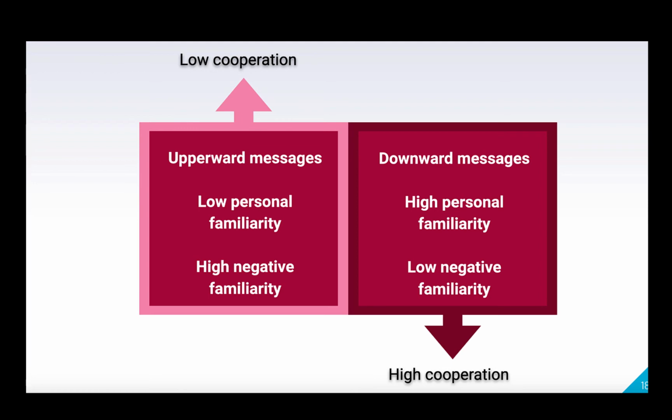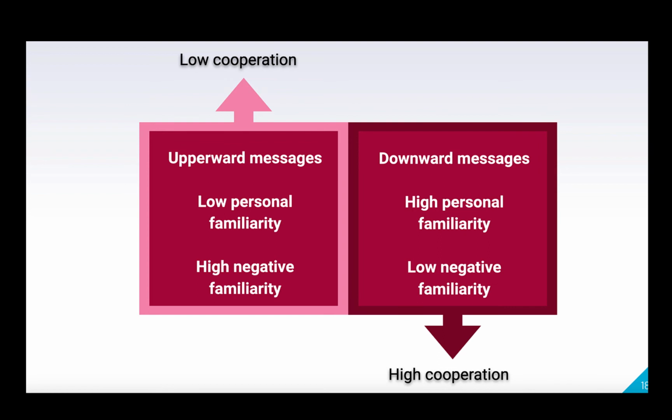You also want to consider the cooperation level. So upward messages to people with low familiarity or negative familiarity, so that means they know you and they know they don't like you, you're going to get low cooperation, and you're going to have to anticipate that and frame how you speak and how you write a little bit differently.